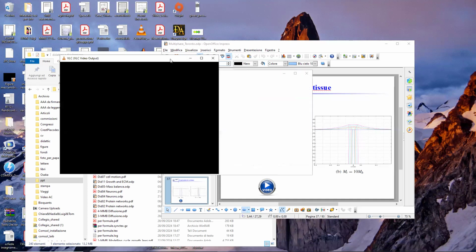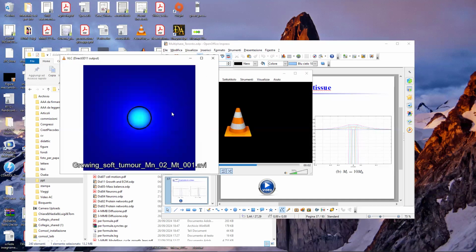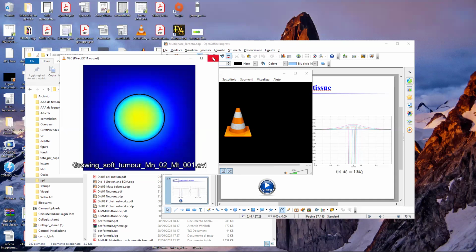This is a solution in 2D when the tumor is, in some sense, soft, less motile. So, well, this is not really interesting.